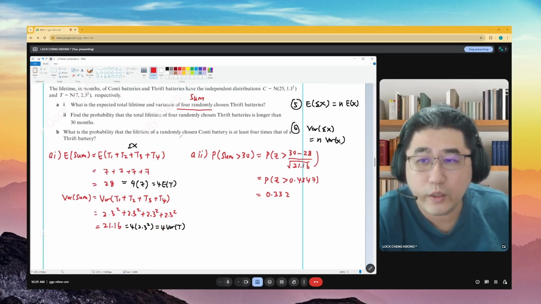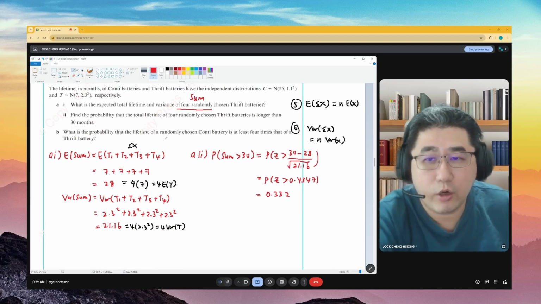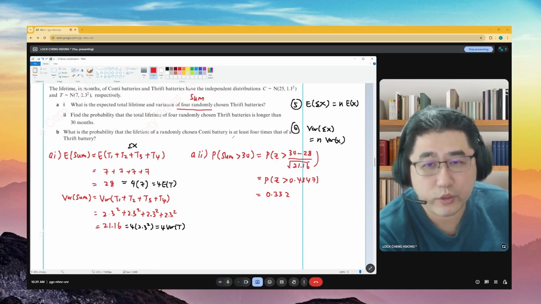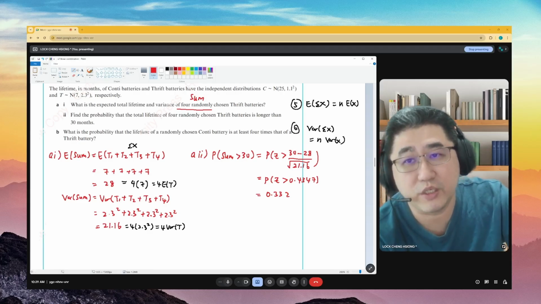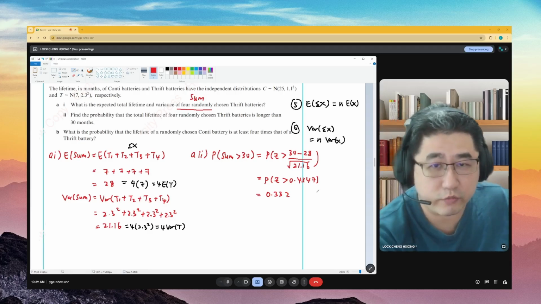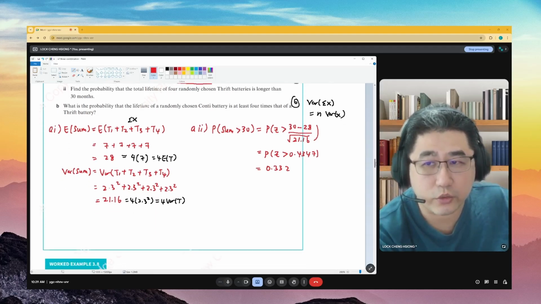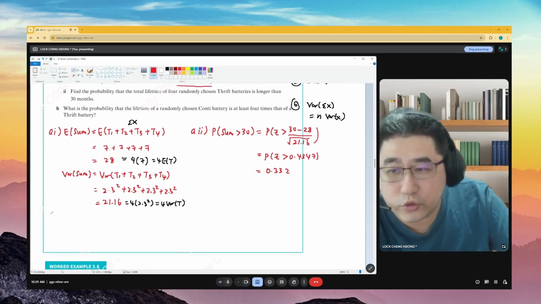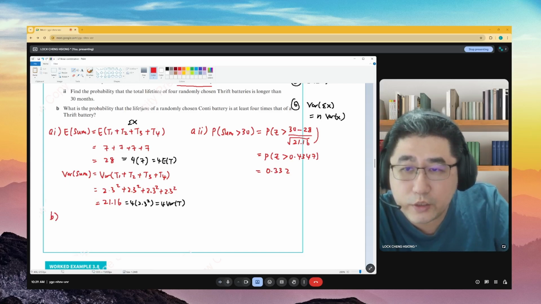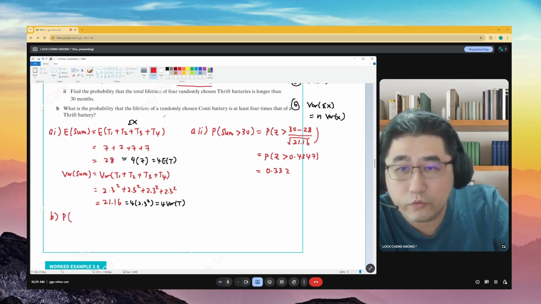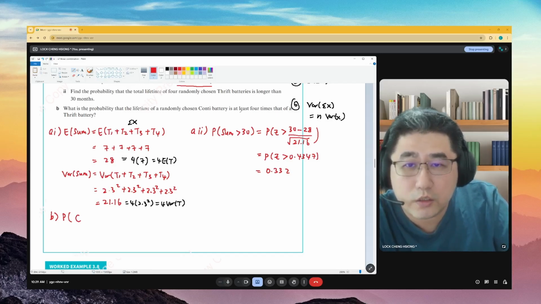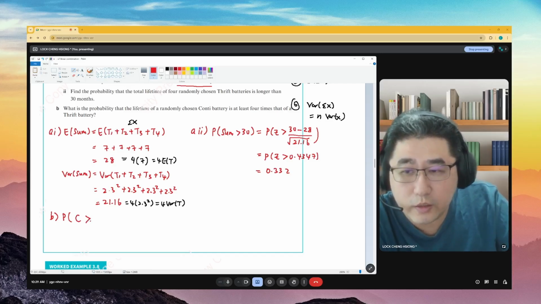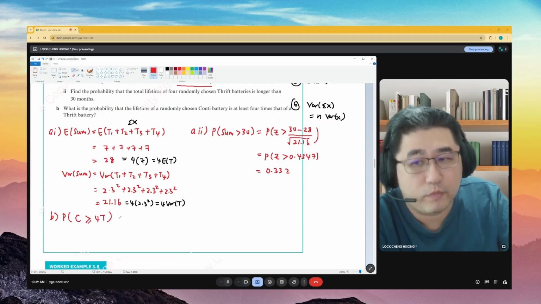What is the probability that the lifetime of a randomly chosen quantity battery is at least 4 times of a thrift battery? So question B here is actually totally different. Let's see how to deal with this question.